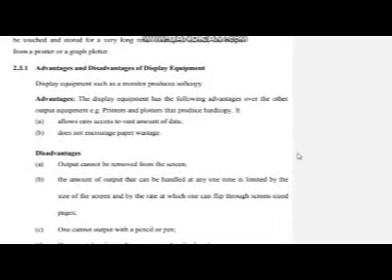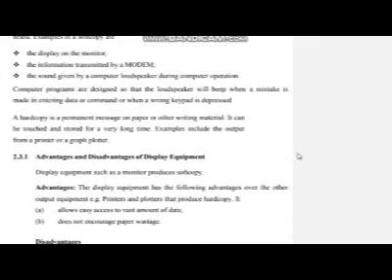So you can read this, write a note, but from the explanation I've made, you can also create a note out of it. Then the advantages and disadvantages of display equipment. Display equipment is your monitor, your computer screen that displays the information processed by the processor. So you learn the advantages of a display monitor and the disadvantages of it also. So you write those down too.